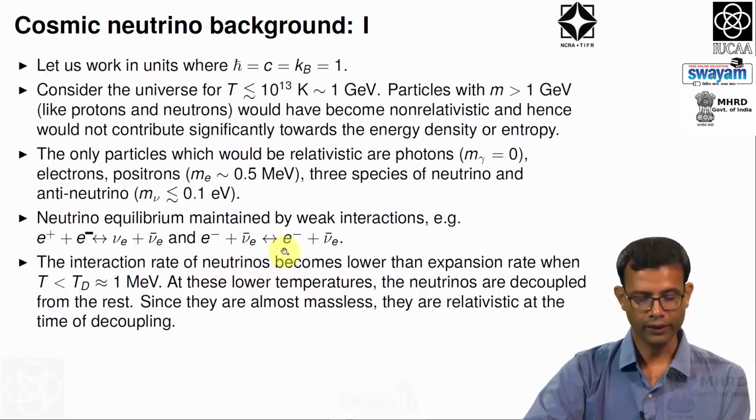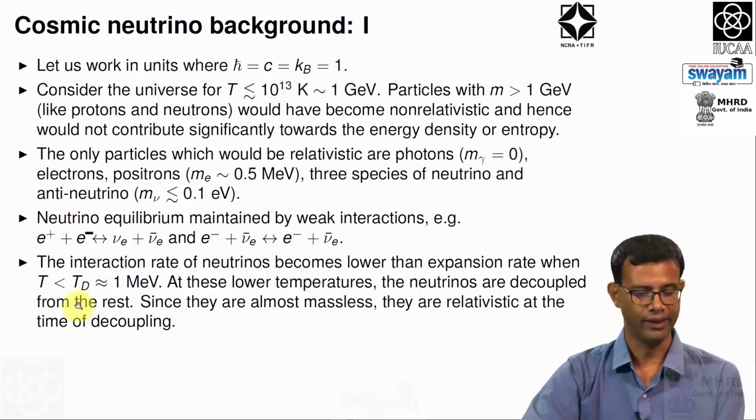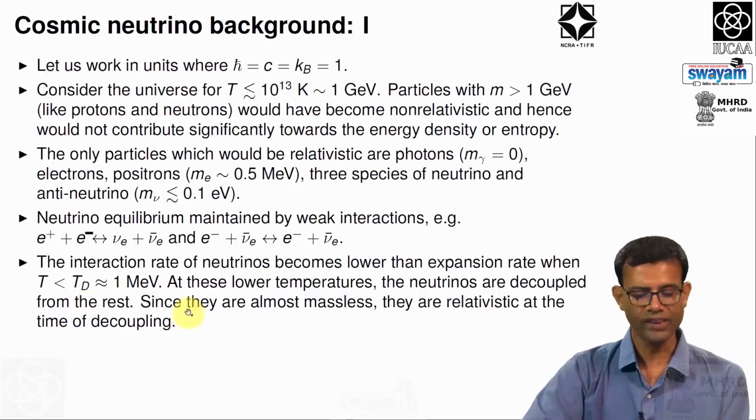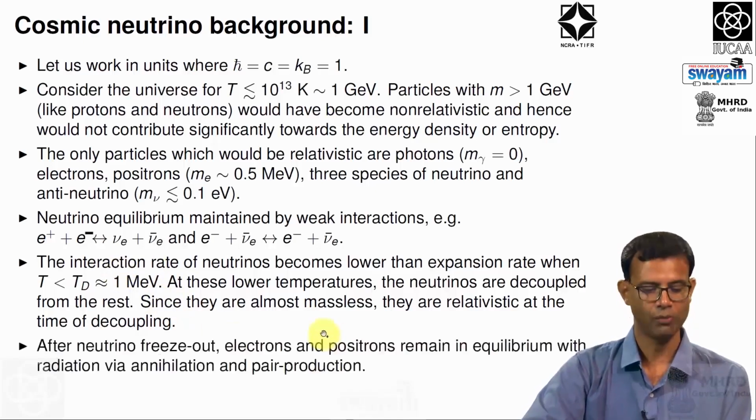So, at temperatures lower than MeV, the neutrinos are decoupled from the rest. They are not interacting, they are just moving freely, and of course, as we said, they are relativistic at this time, because neutrinos, even if they have masses, probably have sub eV mass. So, at MeV scales of temperature, they can be taken as almost massless.